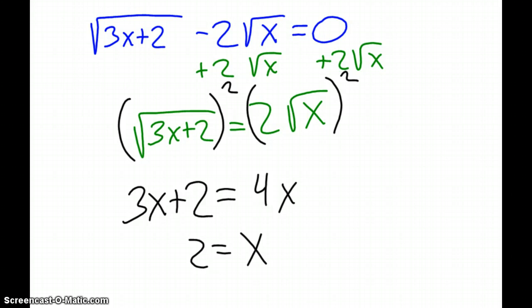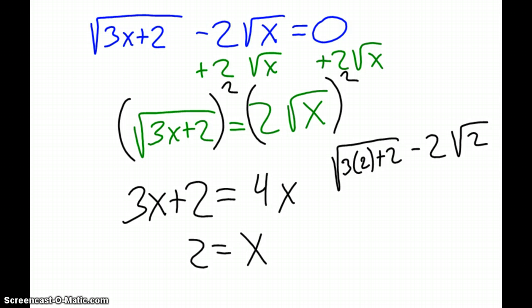And so again, I just need to quickly check and make sure my answer works. I have radical 3x plus 2. So I'm going to plug into that radical 3 times 2 plus 2 minus 2 radical 2. And I want to know if that equals 0. 3 times 2 plus 2 is 8.